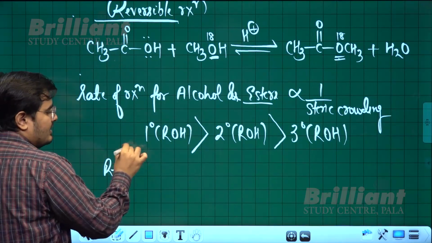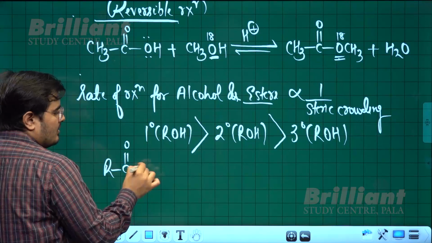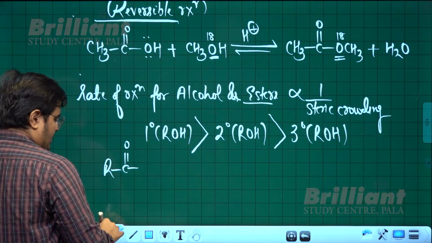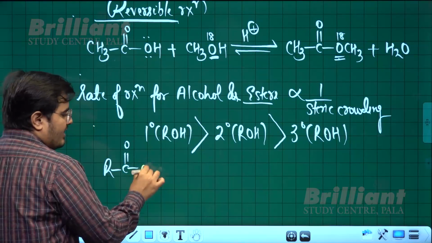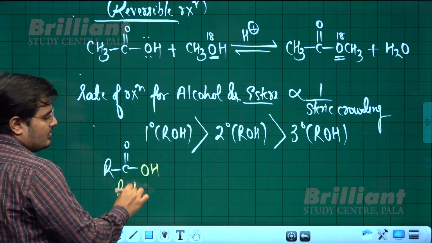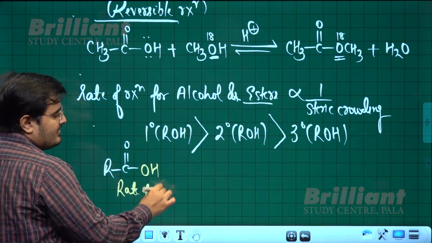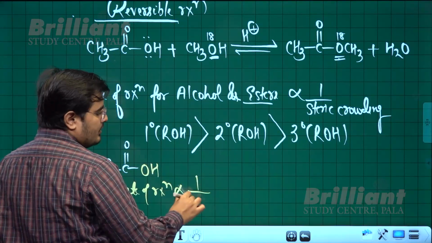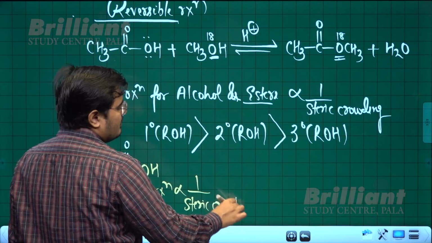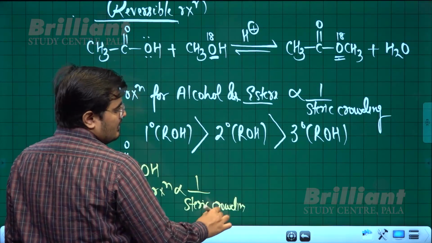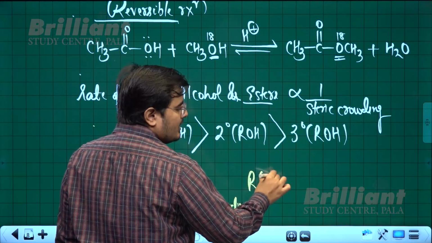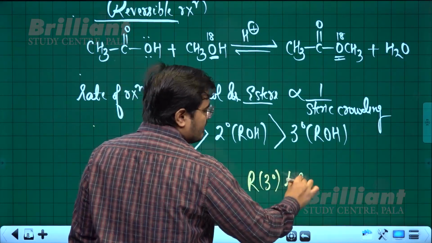if I have an ester like this, if we have RCOOH as the acid, then the rate of reaction for this acid will be inversely proportional to steric crowding in R. That is, what I am trying to say is, if R is a tertiary alkyl group, then the reaction will be slowest.